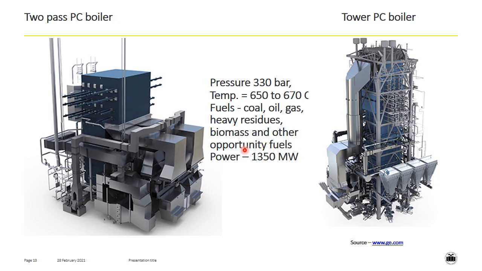Typical power produced by the plant is 1350 megawatts. This left side is a two pass PC boiler. PC stands for pulverized coal, and the right side is a tower PC boiler.